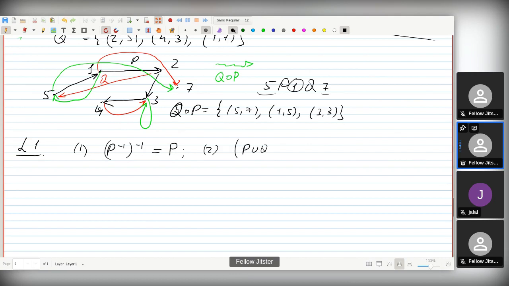And the converse of the union of two relations is what? What do you think? The converse of P union Q, or intersection? Of course, it is union.